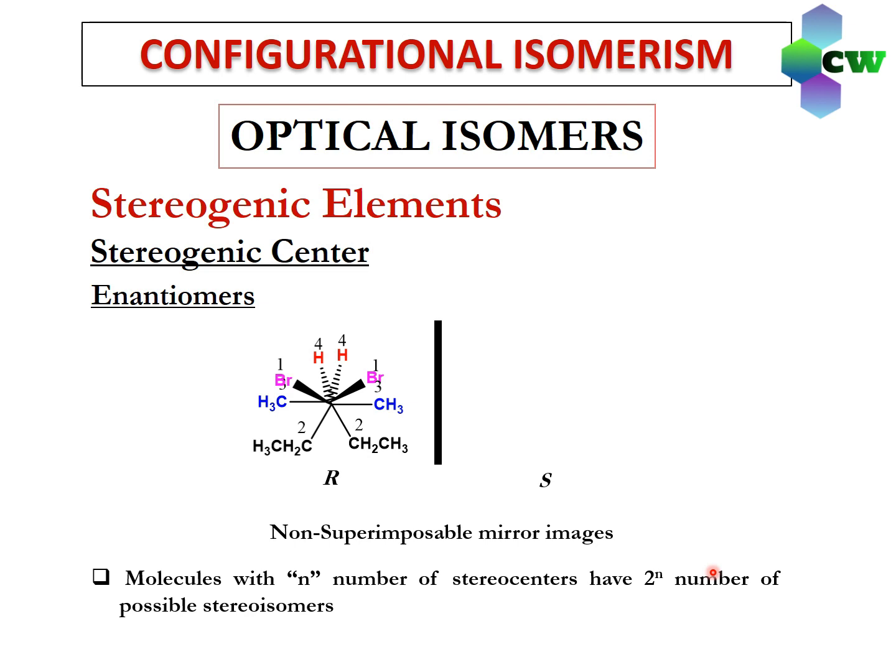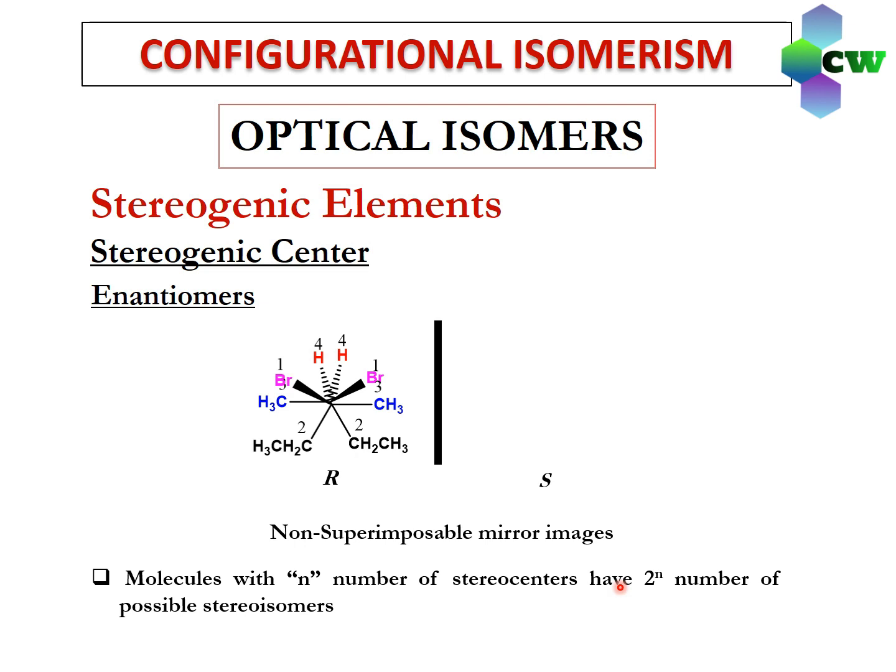So if you have only one stereogenic center, as in this case, 2 raised to the power 1 means it can have two possible stereoisomers, as we saw here. If you have two stereogenic centers, then a total of 4 stereoisomers are possible. Among all of these stereoisomers, only 2 would be enantiomers of each other. All the rest would be diastereomers of the others.